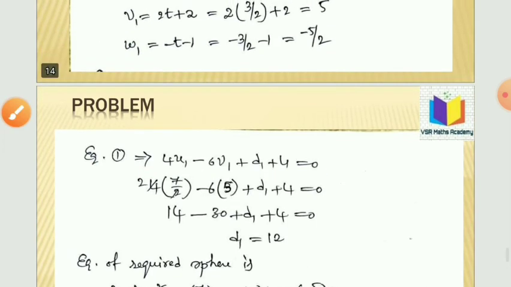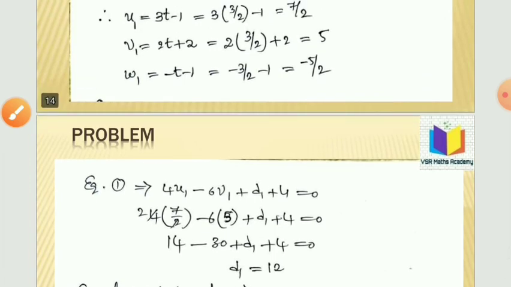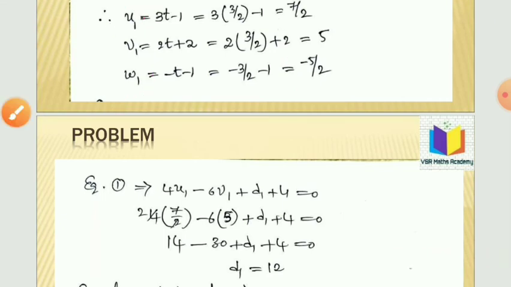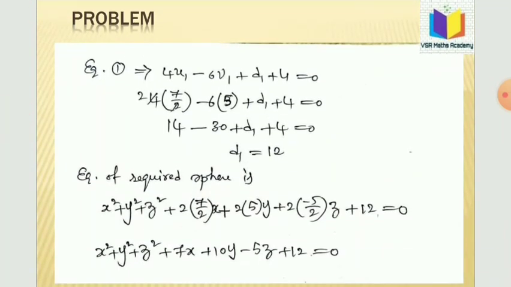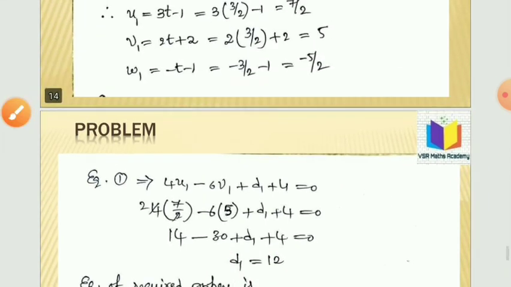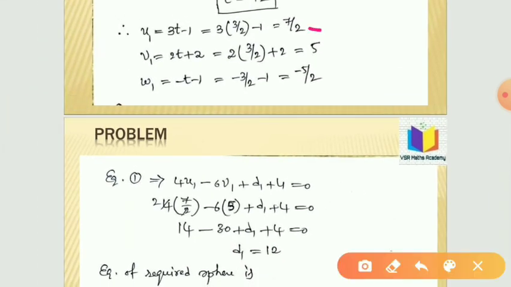By substituting the values of u1, v1, w1 obtained here in equation number 1, you can find the value of d1 from this equation. Therefore d1 is equal to 12. So the values are u1 is equal to 7 by 2, v1 is equal to 5, w1 is equal to minus 5 by 2, d1 is equal to 12.